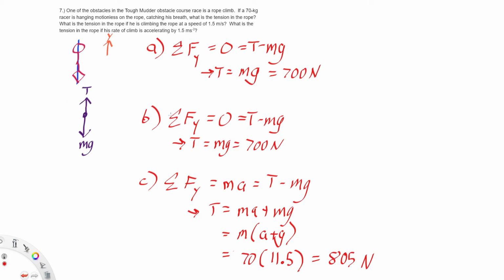It didn't mention it was at a constant rate. Do we just assume that when it says speed? Yeah, I think that's a reasonable assumption. If you're climbing the whole time at a speed of 1.5 meters a second, that means you're not changing your speed, right?